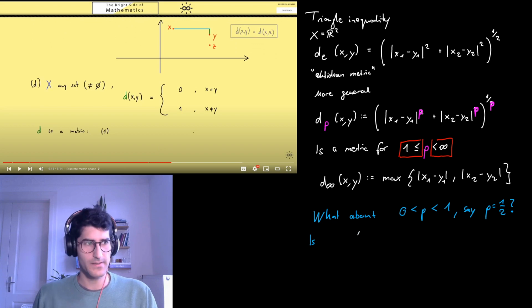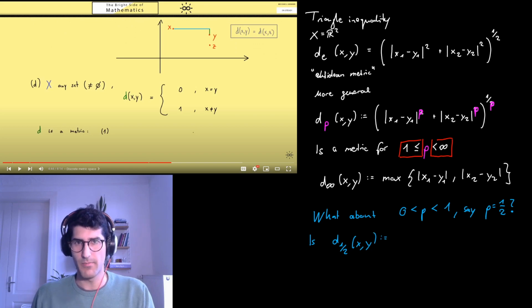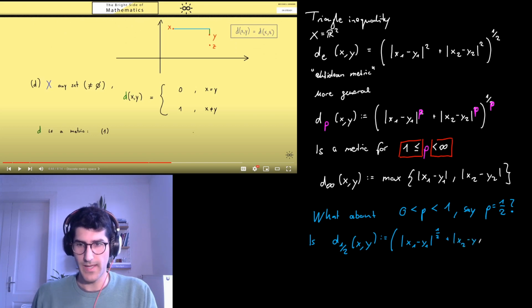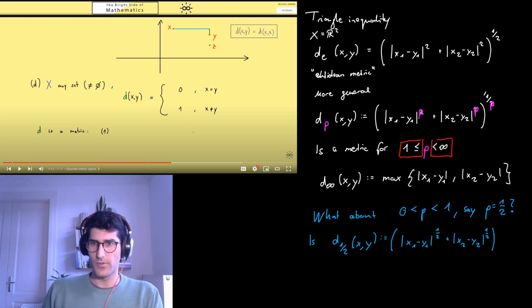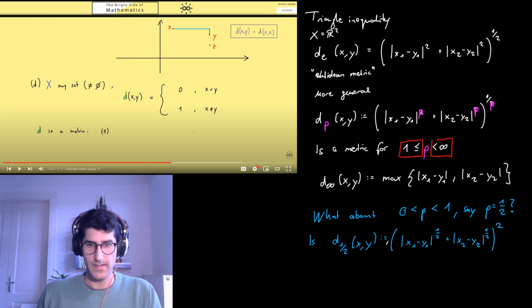So the question is, is d 1/2 of x and y defined as here above? So I'm just going to copy it. So x1 minus y1 now to the 1/2 plus x2 minus y2 to the 1/2, to the 1 over 2, so squared. Is this a metric?